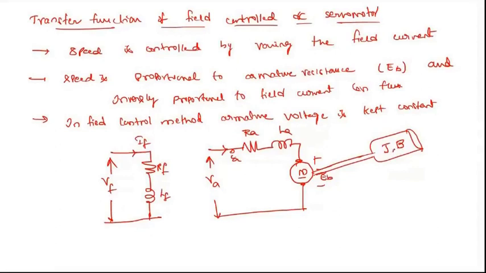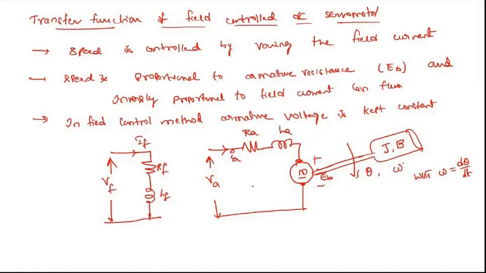The weight of the system is denoted as moment of inertia, and whenever it rotates there is friction, so the friction coefficient is the dashpot. Here the displacement is angular displacement theta. The angular velocity omega equals d theta by dt. So the angular displacement is represented by theta, and we can represent it in terms of angular velocity also.